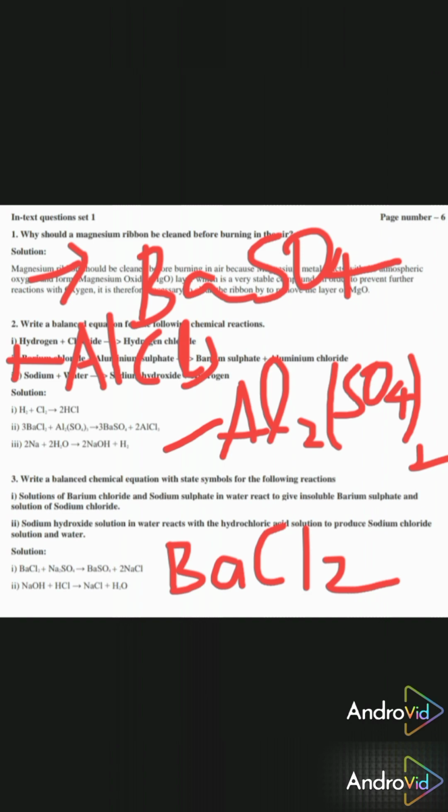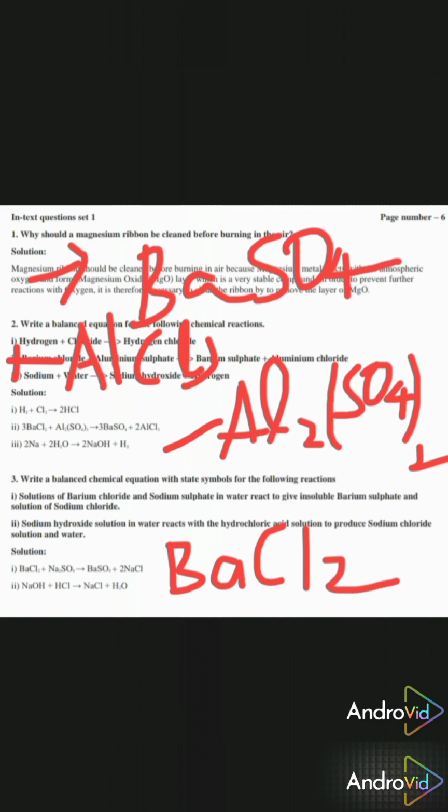So in order to balance, we have to multiply BaCl2 by 3, and similarly for balancing BaSO4 for sulfate ions and oxygen, we have to multiply and just balance everything. So the answer would be 3BaCl2 plus Al2(SO4)3 would give 3BaSO4 plus 2AlCl3.